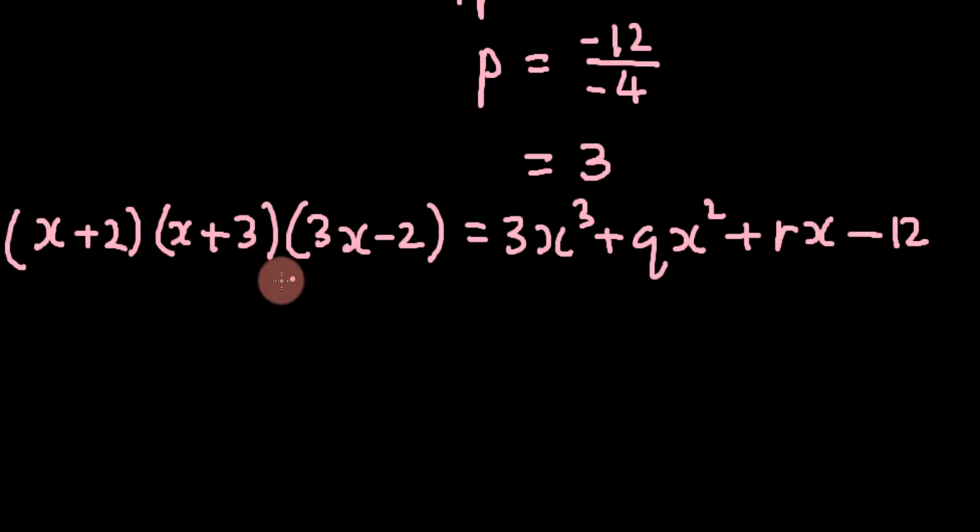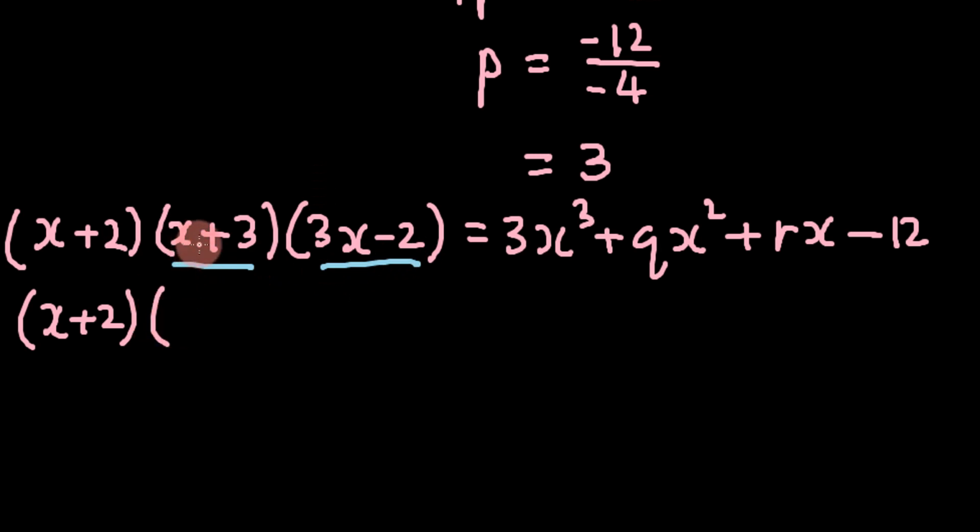Now we multiply out the right-hand side. And we can first multiply out these two brackets. So x times 3x is 3x squared. X times -2 is -2x. 3 times 3x is 9x.